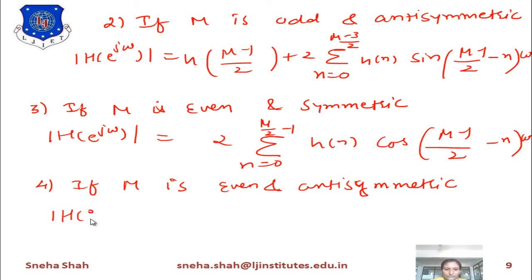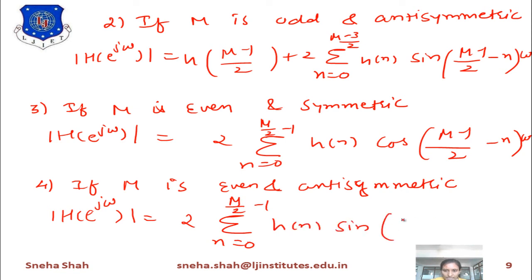So mod H of e raised to j omega is represented as 2 times summation n equals 0 to m by 2 minus 1 of h of n sine of m minus 1 by 2 minus n times omega. So by using these equations we can find the linear phase response of any FIR filter.